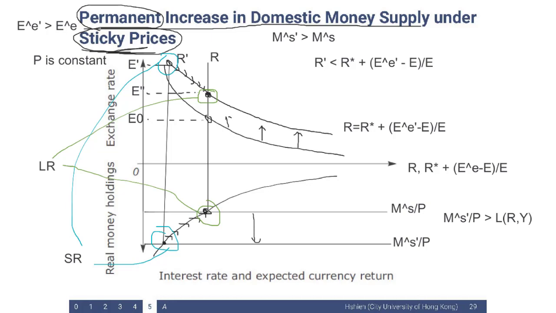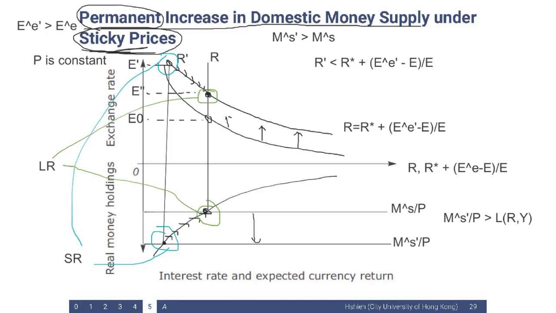The easiest condition that we've seen before should be this change in money supply. So let's see what happens. Increase in MS means that MS over P is going to expand outward away from the origin because P is held constant in the short run. It's sticky in the short run.